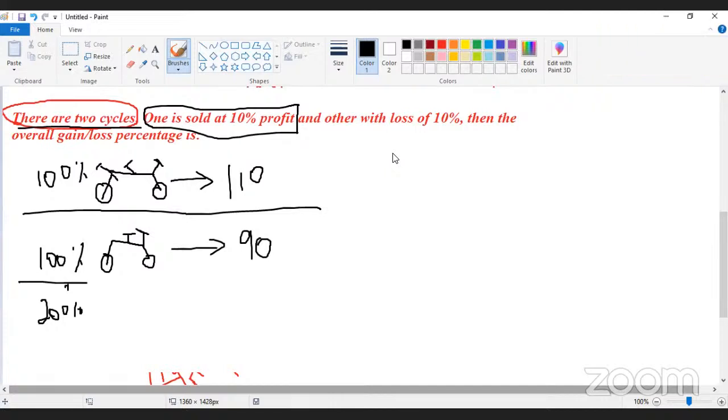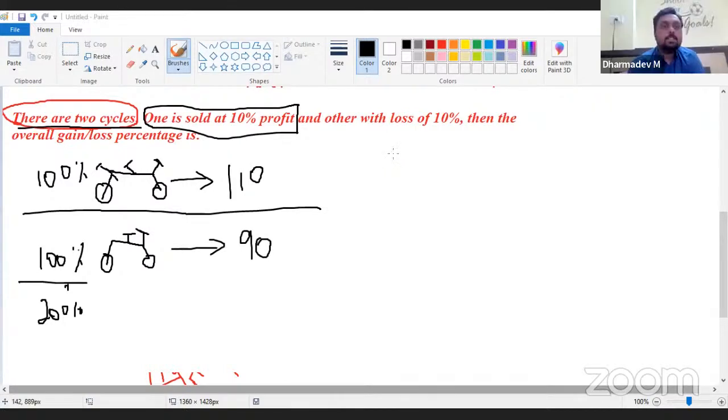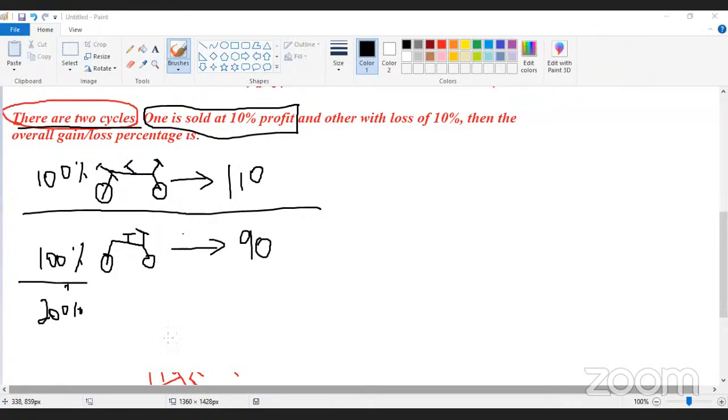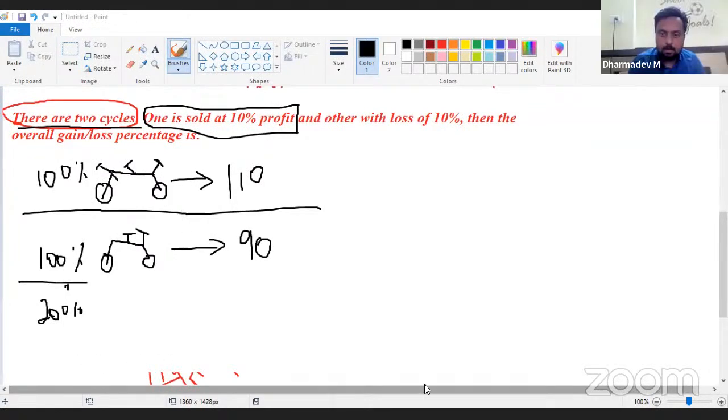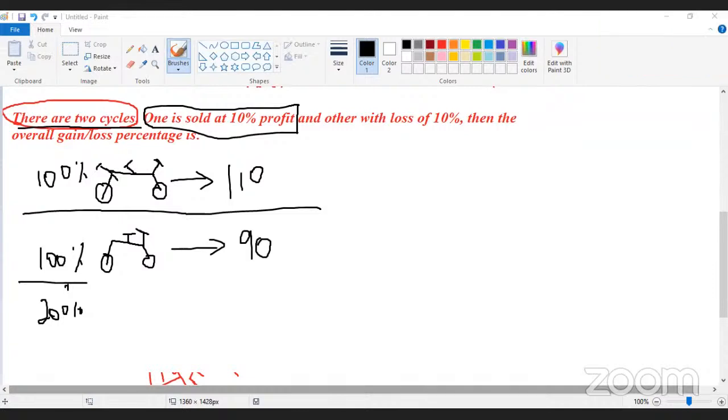Joseph, there are 2 cycles. One cycle is sold with profit and the other cycle is sold with loss. Did you understand that? Yes. David?